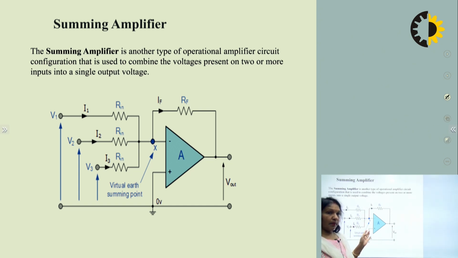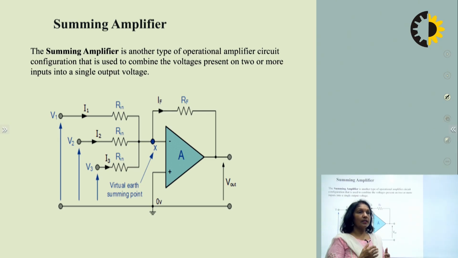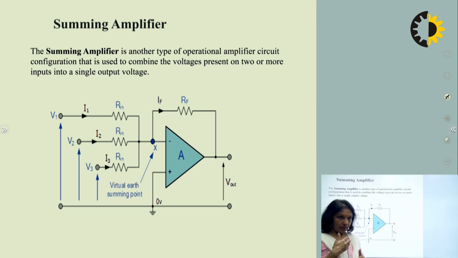As the name says, it sums up all the input signals appearing at the input terminal, and that summation gets multiplied with the gain of the summing amplifier, which gives you the desired output.